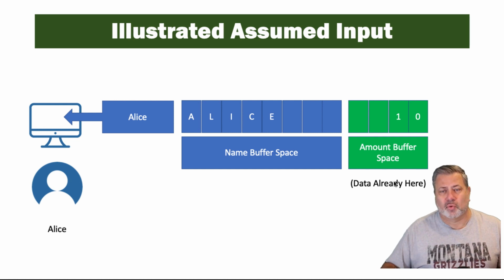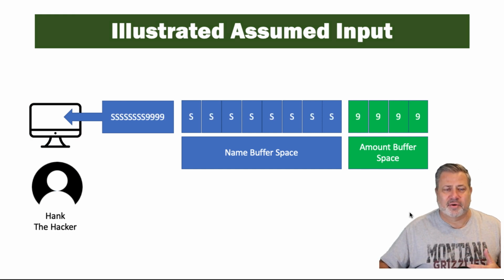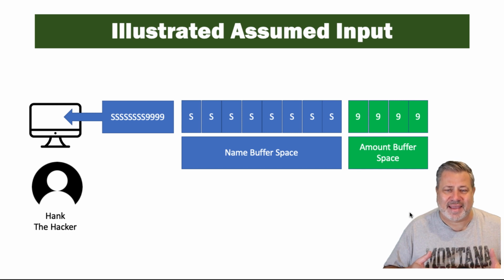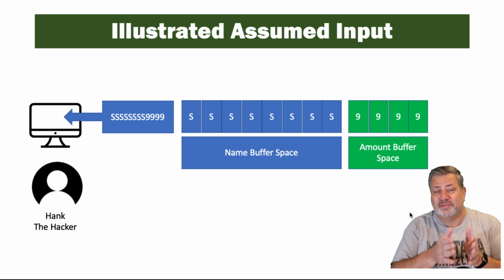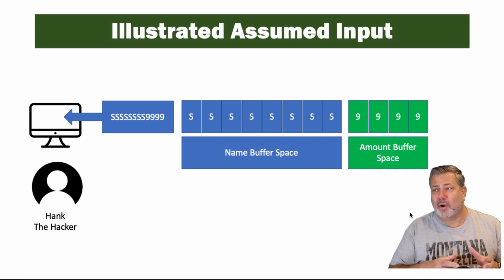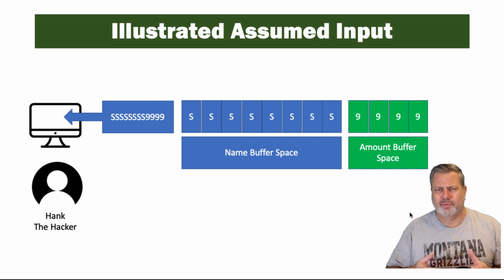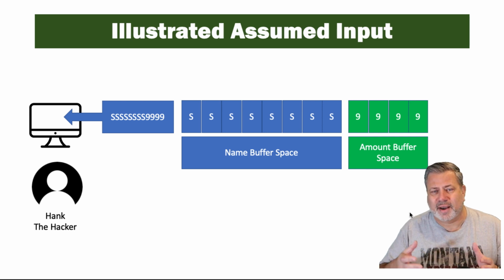Let's say this program was developed poorly and that name space isn't bound, and an attacker, say Hank the hacker, realizes that the name buffer space is not bounded and it can cause an overflow error.